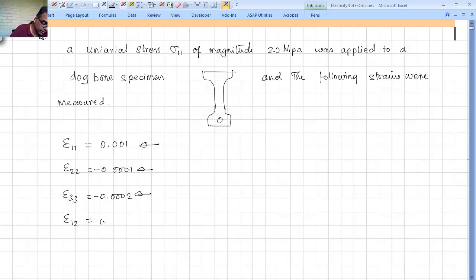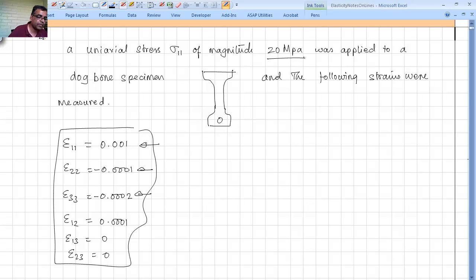Epsilon 12 was 0.0001, sorry, yeah, and epsilon 13 equal to 0, epsilon 23 equal to 0. This is what we got. Notice that the strains are dimensionless, whereas the stress dimensions are megapascal.